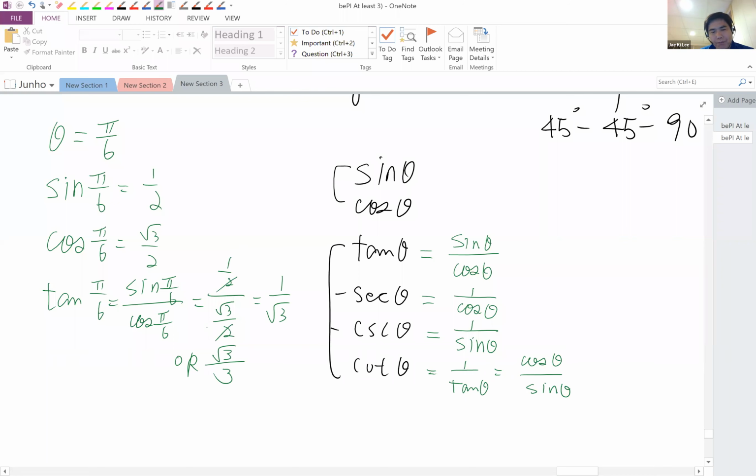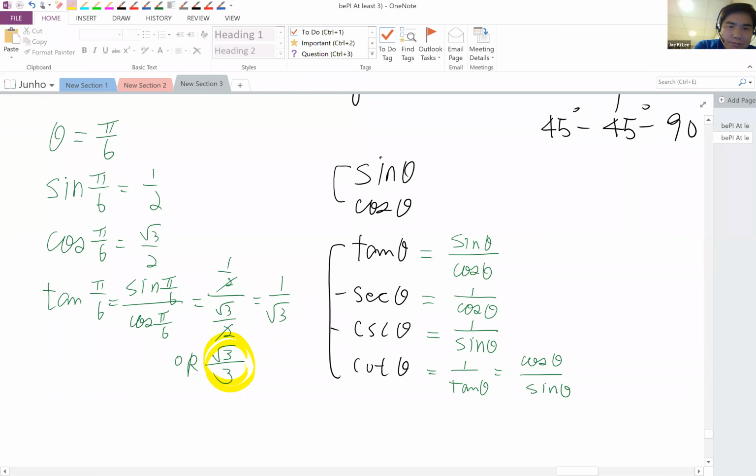Make sense? So again, sine pi over 6 is 1 over 2, cosine pi over 6 is root 3 over 2, tangent pi over 6 is root 3 over 3, or 1 over root 3. But of course, we prefer this answer because it is rationalized in the denominator.